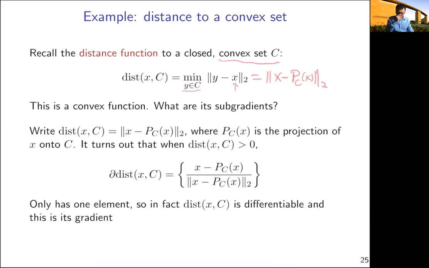Intuitively, this is a pretty complicated function which involves the minimization of a bivariate function. Can anyone type in the chat box and tell me why this distance to a convex set function is necessarily a convex function in x?